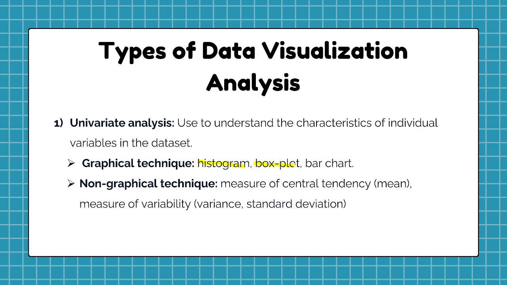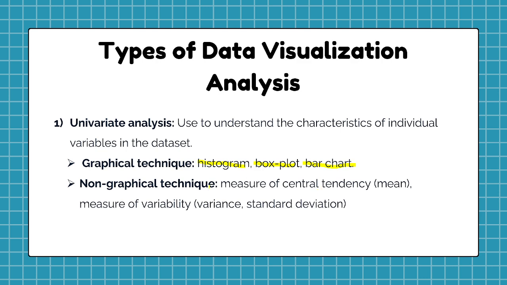Or other types of statistical representation such as the box plot, or also we call it box and whisker plot. It can be bar charts. We can have pie charts, and then we can have OGIF and so on, right? So there are lots of statistical representations.